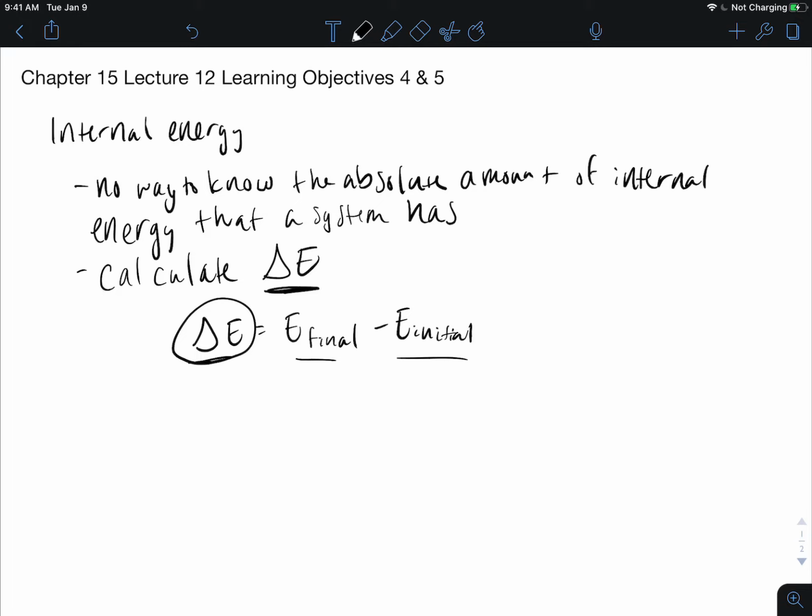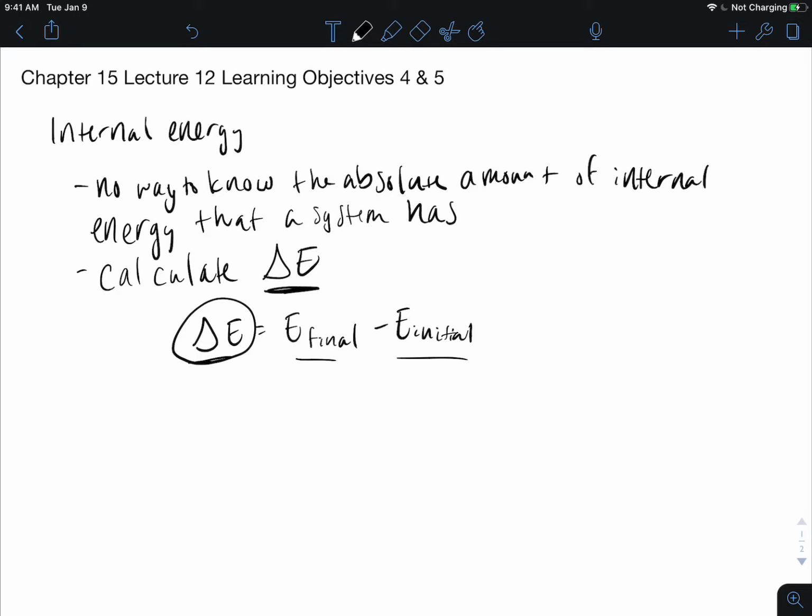So a state function is a function that only depends on the final and initial states. So it doesn't matter how we got to our final state, doesn't matter what path we took to get to our final state, our change in energy will only depend on our final and initial state.